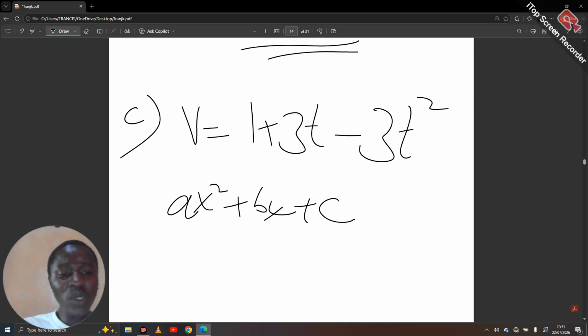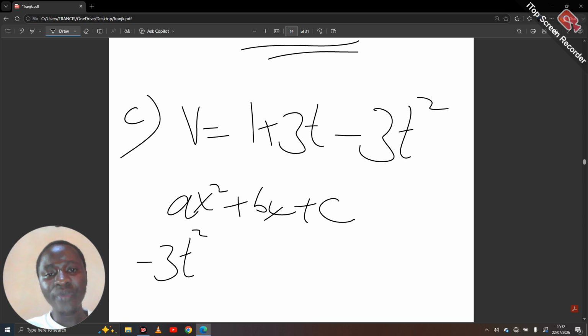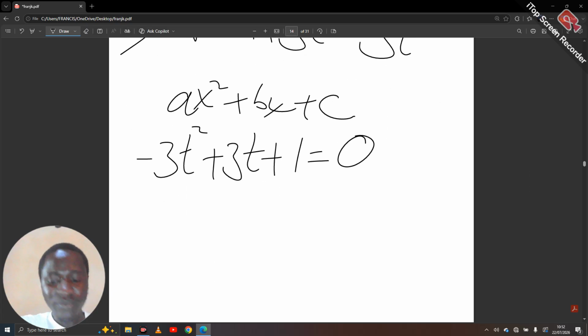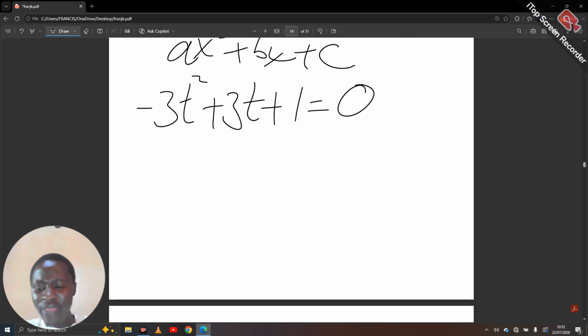So what will we be having now? Negative 3t squared plus 3t plus 1 equals 0, since velocity equals 0. Now, you can use the formulas. There are so many formulas for solving a quadratic equation. So I'll use this.